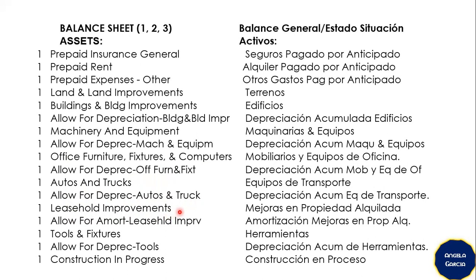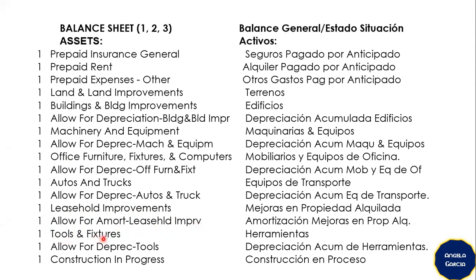When you are renting a building and you are making improvements to that building, you may have a segregated account so that you can have control over those improvements. In this case, you have an allowance for amortization for leasehold improvements. This is the amortization account for leasehold improvements.